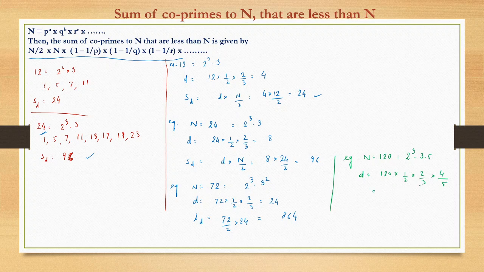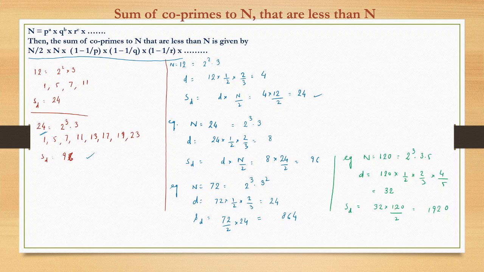This we had got as 32. So now the summation of all these 32 numbers will be nothing but 32 into 120 by 2, right? So this will be 1920. So this is a very easy and quicker method to find this.